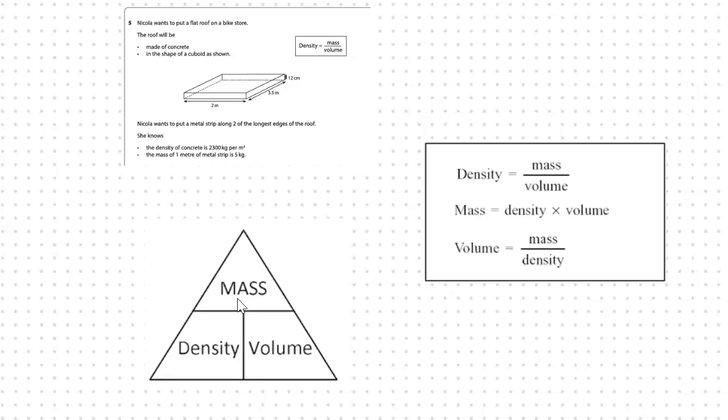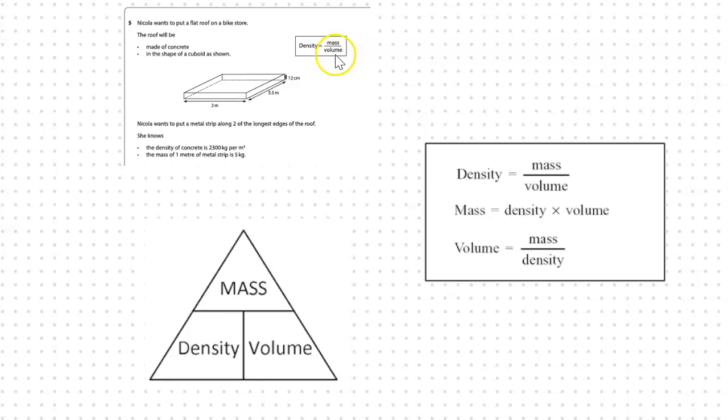For this question, you do need to work out the formula. So it'd be easier if you could rearrange the magic triangle. Remember, if you want mass, you cover the formula up and it's density times volume, and for volume it's mass divided by density. That makes the question a little bit easier.